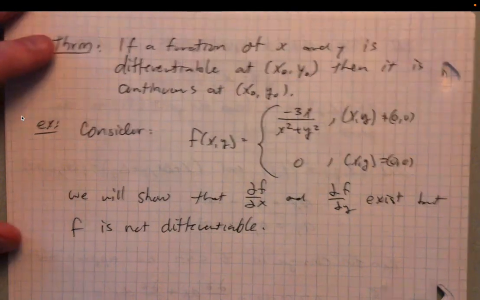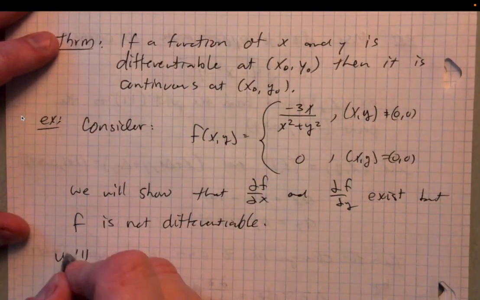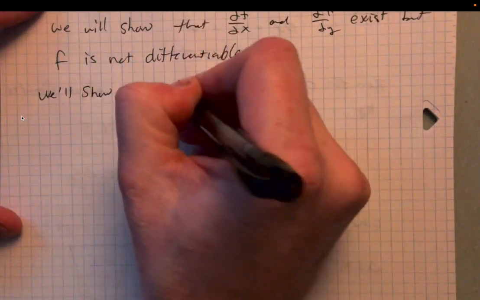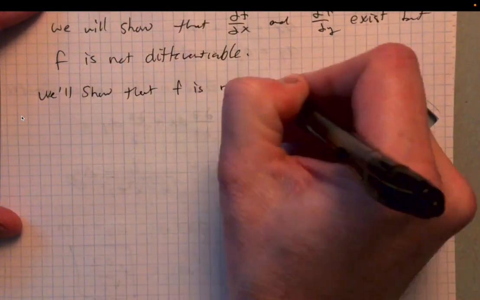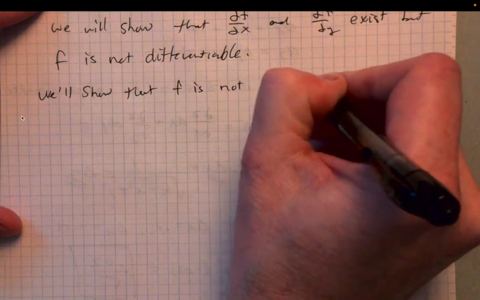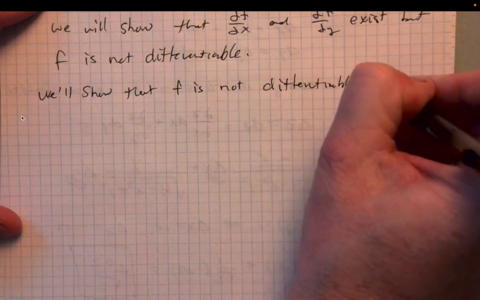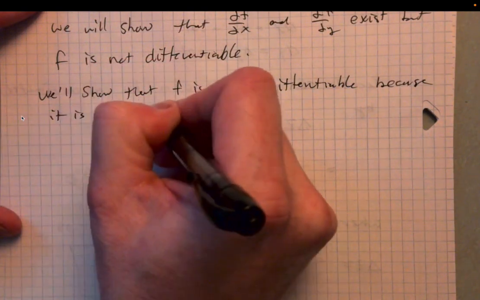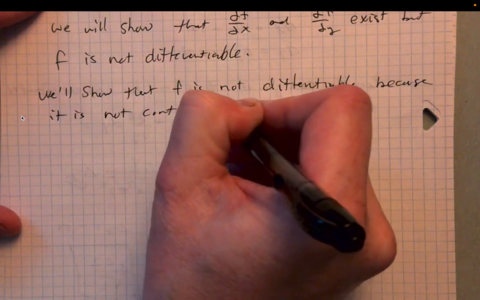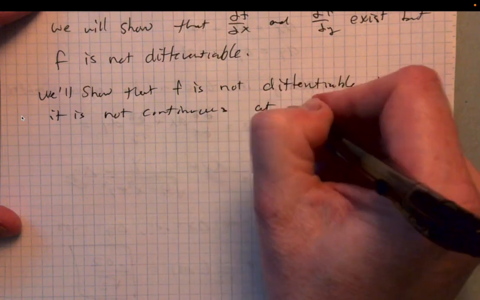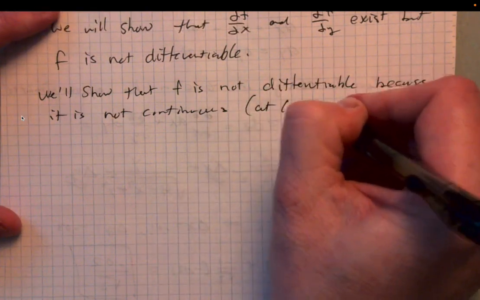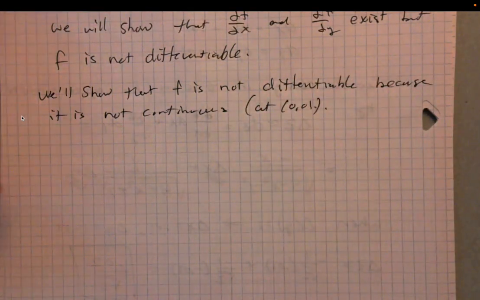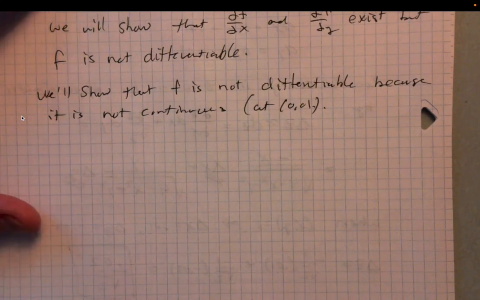Okay, so we'll show that f is not differentiable because it is not continuous, and this is specifically at 0, 0. Okay, so how could we show that it's not continuous at 0, 0?